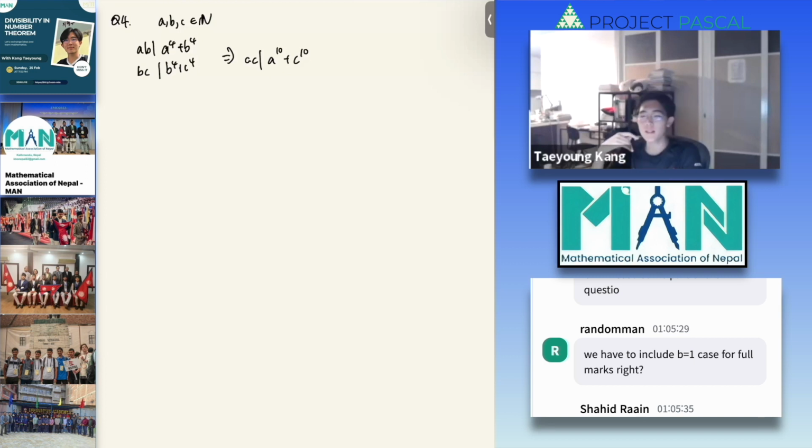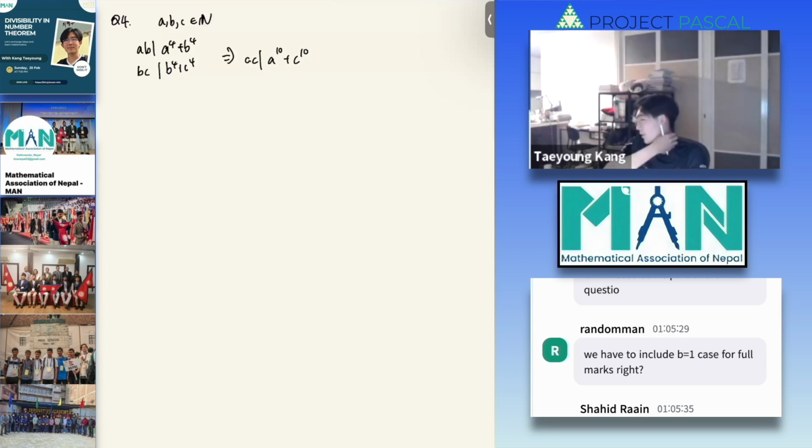Actually, it's something much easier than that, and it's by considering the greatest common divisor of A, B, C. I saw in the chat just now, the highest common factor, HCF, I think. But I also call it GCD.